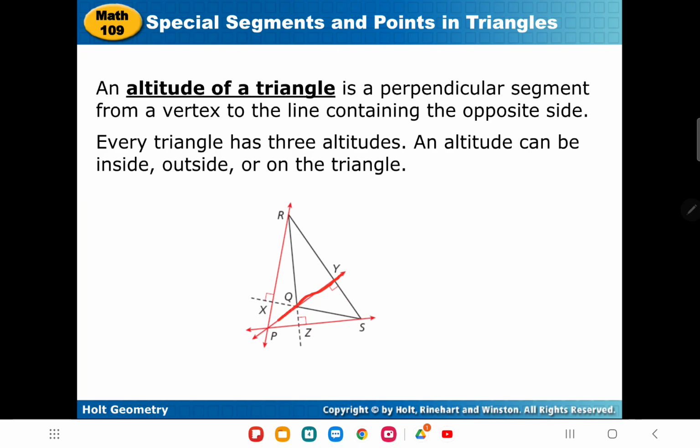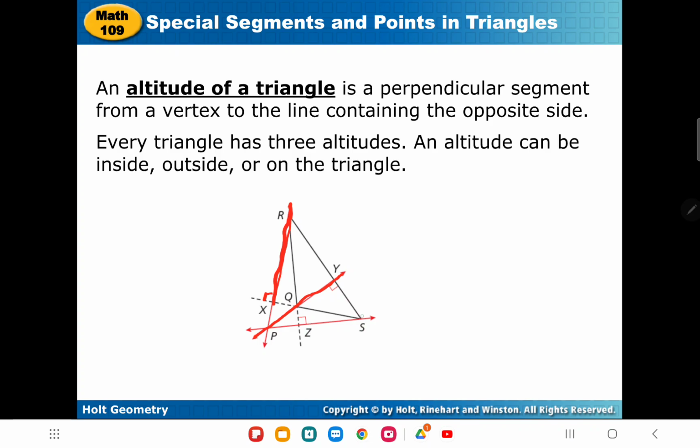In this obtuse triangle, the altitude from side RS to vertex Q is inside the triangle. However, the altitude from QS to vertex R is outside the triangle. And we see this segment here goes from R to QS, and it's making a right angle there, actually goes outside of the triangle.